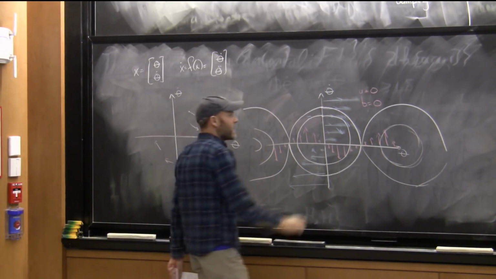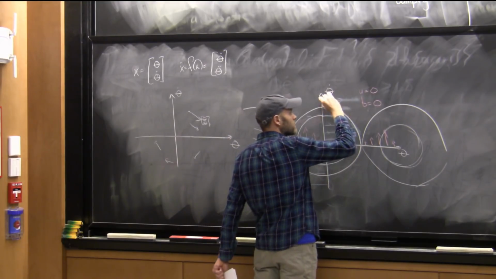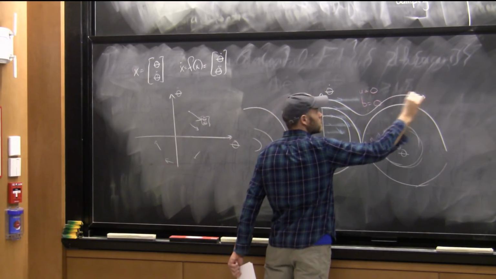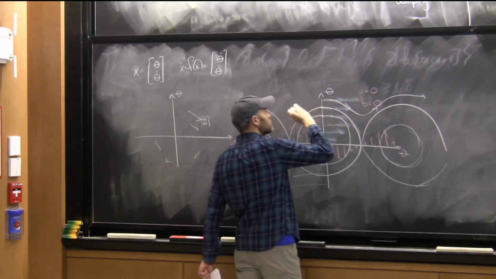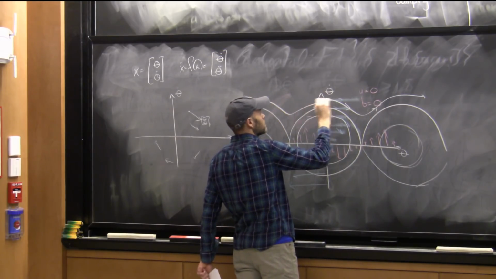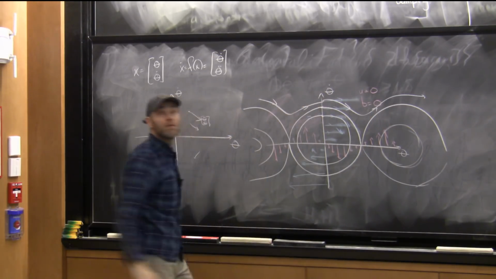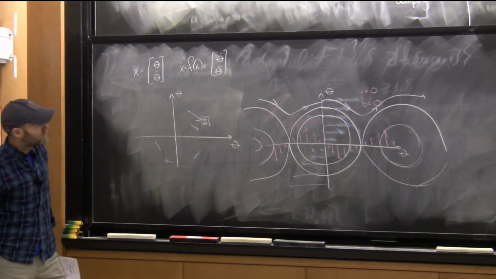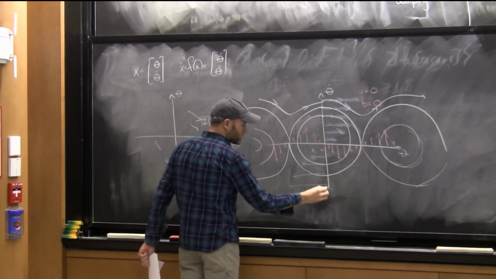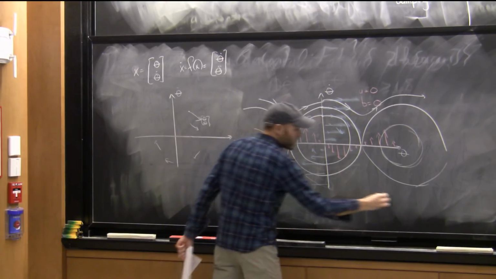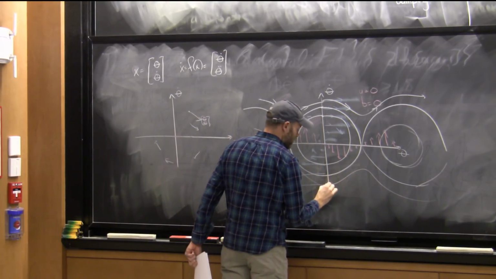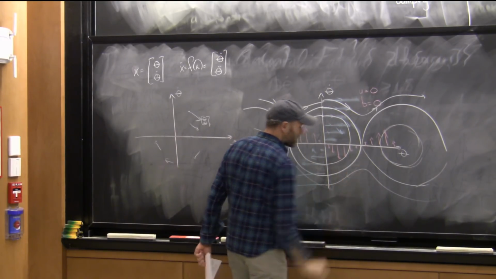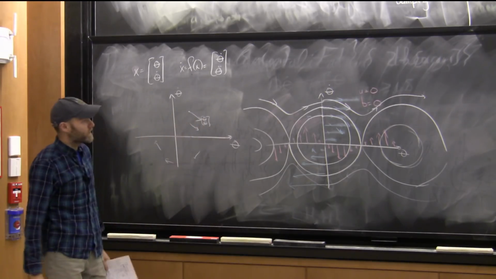And then outside that, the curves go like this. And similarly down here. So we actually get a pretty good sense of what happens by looking at this thing in 2D, okay?